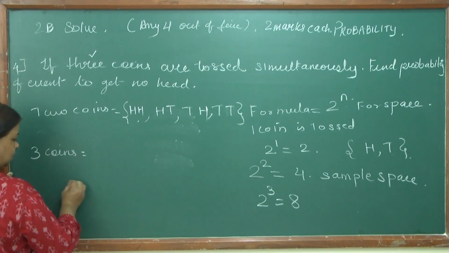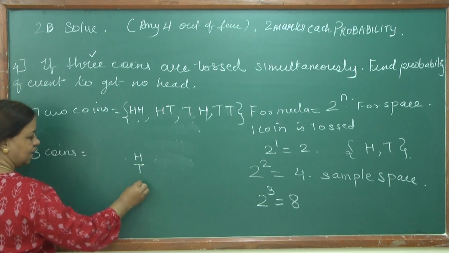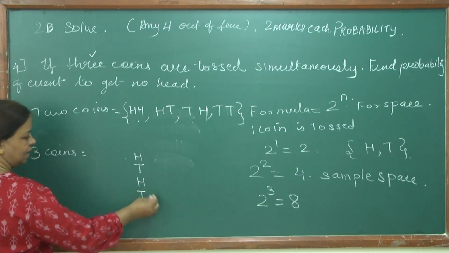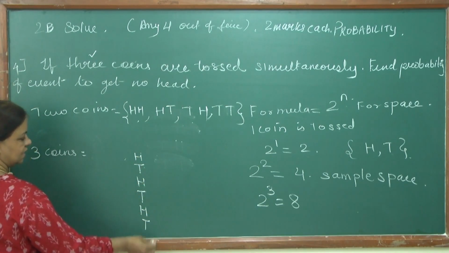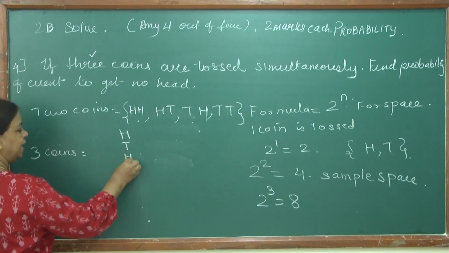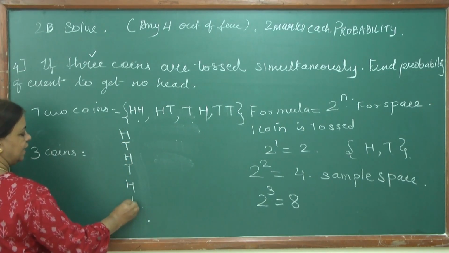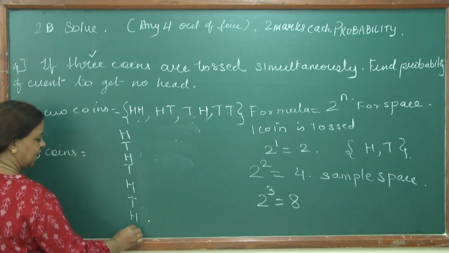See. Head, tail, 1, 2, 3, 4, 5, 6. Let me write from here. Head, tail, 1, 2, 3, 4, 5, 6, 7, 8.